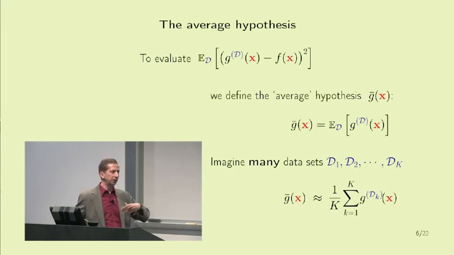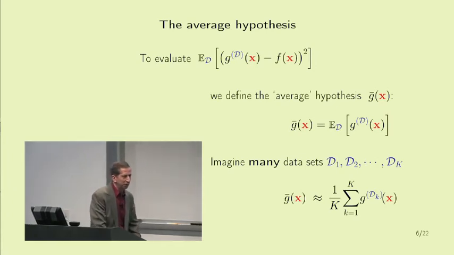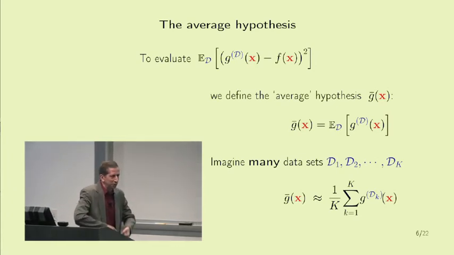We said G bar is great if I can get it, but it requires an infinite number of data sets, and I have only one data set. So the idea of bagging is that I am going to use my data set to generate a large number of different data sets. How am I going to do that? Well, that's bootstrapping. Bootstrapping always looks like magic, because the expression comes from trying to lift yourself by pulling on your bootstraps, which obviously you cannot do, but that's what you do.